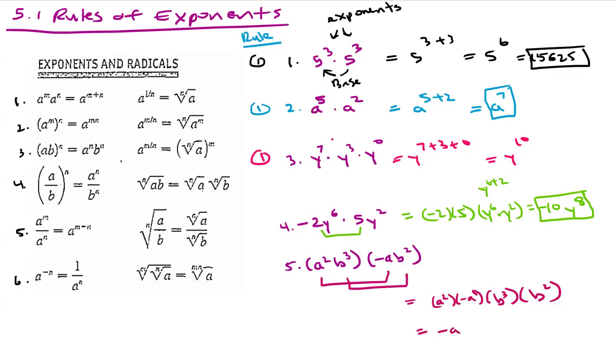And then 2 plus 1 is going to give us 3. And then this will be 3 plus 2, which gives us 5. So that'll be negative a to the third power times b to the fifth. Okay, so that would be our answer there. And again, we're still using rule number 1 for all of these.